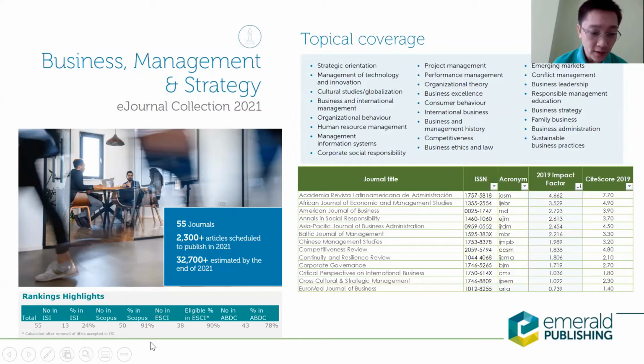So 50 in Scopus, 38 in ASCI, 43 in ABDC, 30 in ISI, and so on. Some of the journal titles I was not able to print screen all, but I made them the high impact factors in 2019, some of the journals that you might have seen or read before.